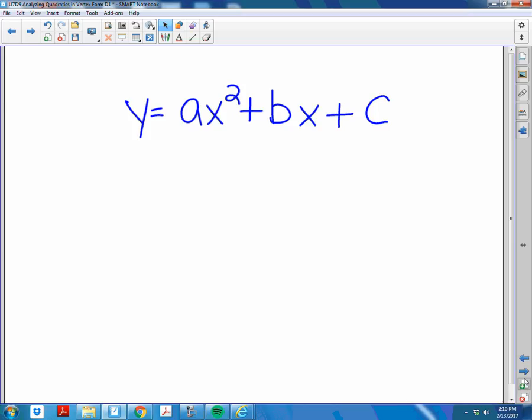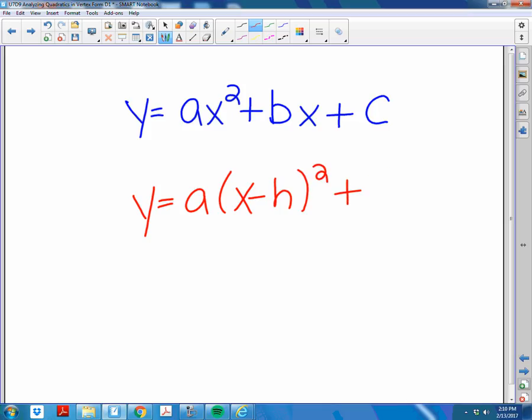Today you're going to learn something called the vertex form of a quadratic. The vertex form looks like this. That's the vertex form of a quadratic. I want everyone just to kind of watch for a second. Now, so that you know, the A value here is the same as the A value there.